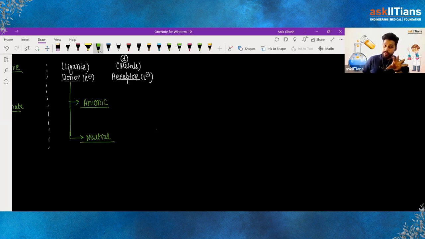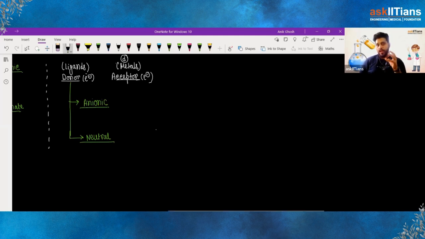There will be some situations where you are going to get a cationic donor as well, like hydrazinium ion. In these kinds of cases, these are not in our board syllabus, I'm not going to teach you. Board or JEE Main syllabus, it is not there. But there are nitrosonium ion, hydrazinium ion, nitronium ion. When we learn about them, you're going to see that they're cationic but yet donor. Now, mainly we are going to talk about anionic and neutral.